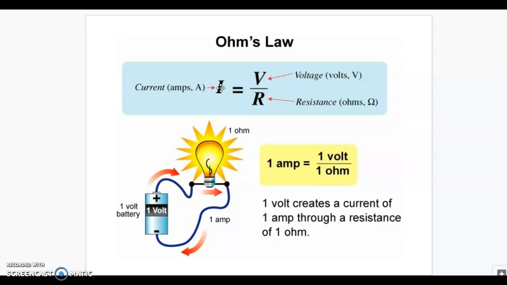Yeah, that's kind of just a little bit behind it. But you need to know that I stands for current. And units for these things, current's measured in amps, voltage is measured in volts, that one's easy. And then resistance, it's measured in ohms. You need to be able to recognize those.